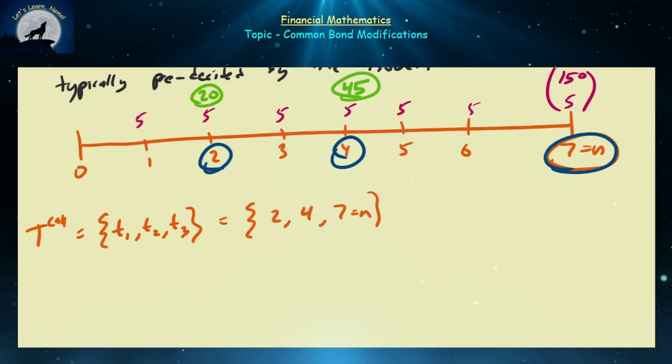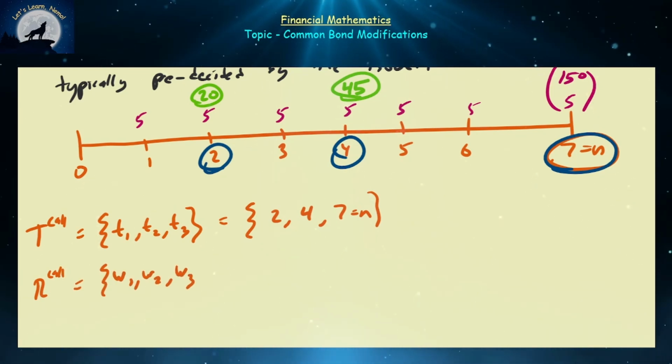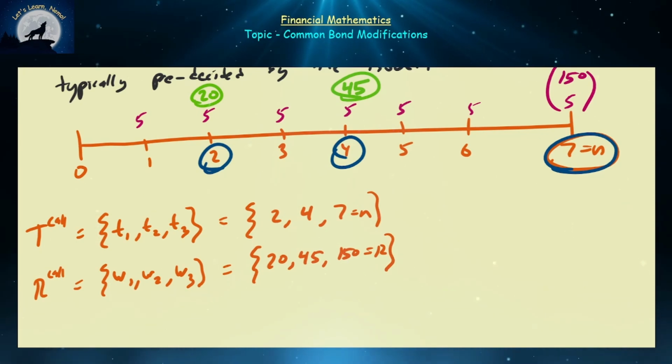Right? So those are the redemption values at the call times. So the redemption at the call times, I'm going to denote by W1, W2, and W3. And in this case, this is going to be equal to 20, 45, and 150. And obviously 150 is equal to R. Right? So this is what we refer to as a callable bond.